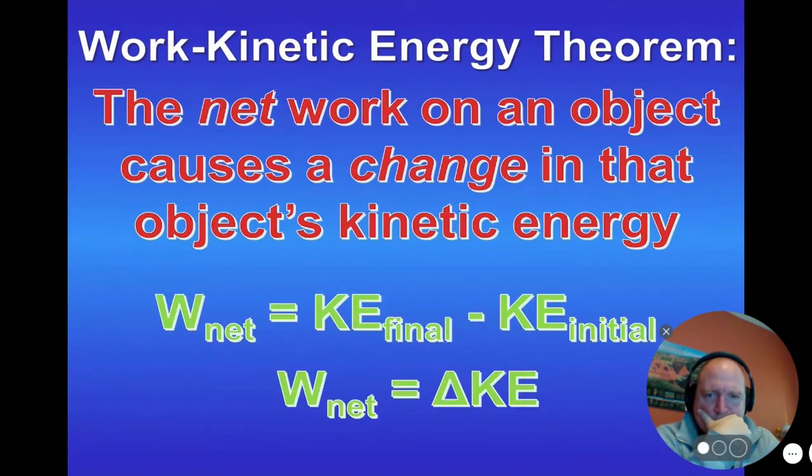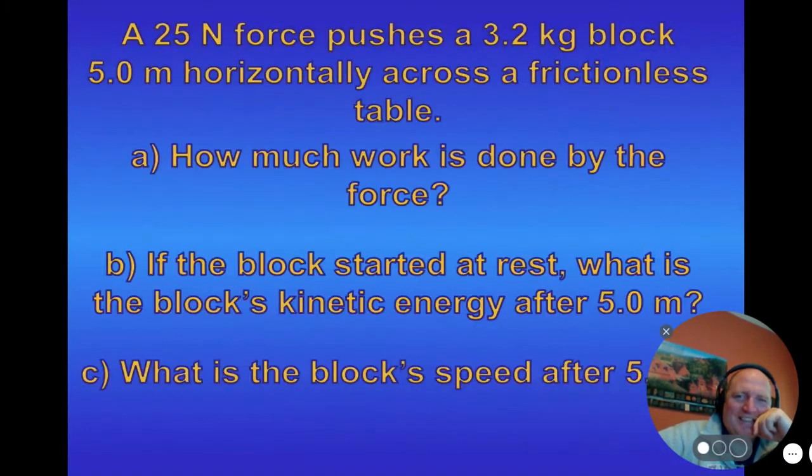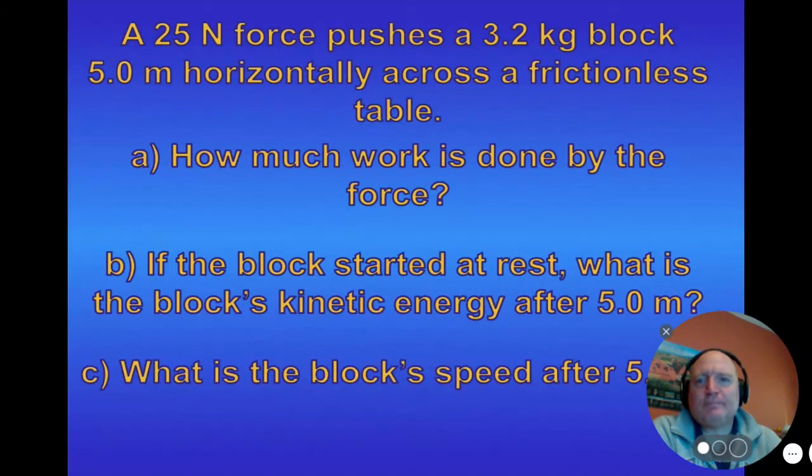The equation is net work equals delta KE, or the final kinetic energy minus the initial kinetic energy. Pause now if you need to finish this slide up. This first example is pretty basic, so I would suggest that you pause now and try it on your own. Otherwise, follow along with me and make sure you write down everything that comes up on this slide.